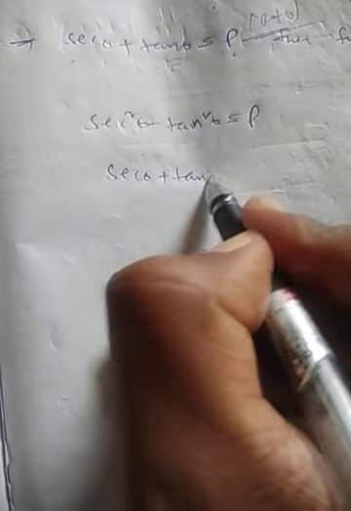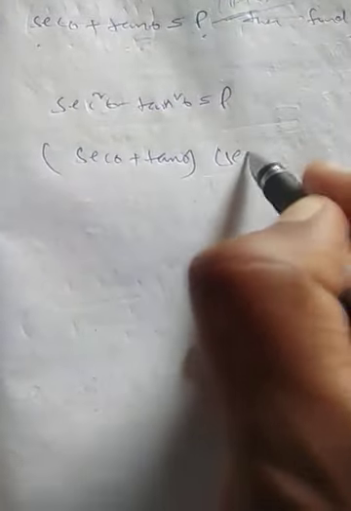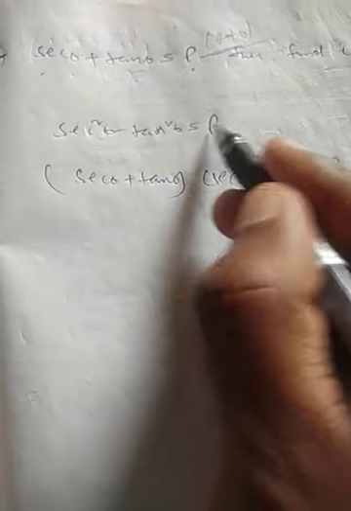Here we have sec theta plus tan theta. Whenever sec theta plus tan theta is given, sec theta minus tan theta will be the reciprocal of that. Why? Take sec square theta minus tan square theta. A square minus b square is a plus b into a minus b. Sorry, this is not p.